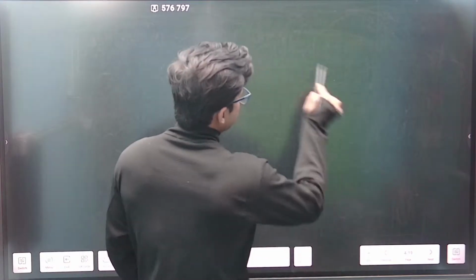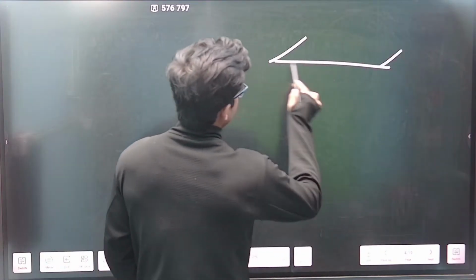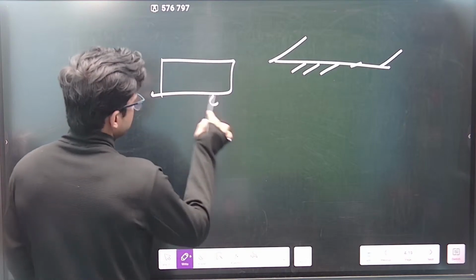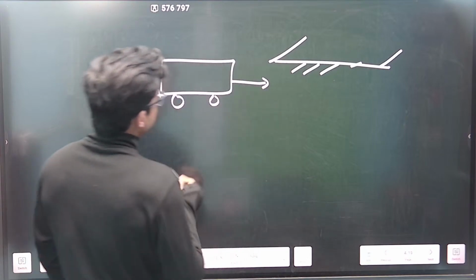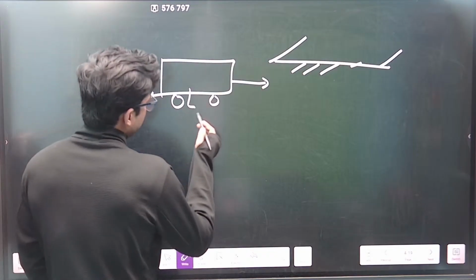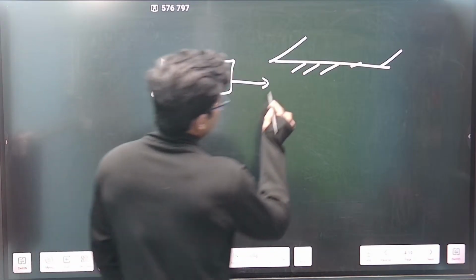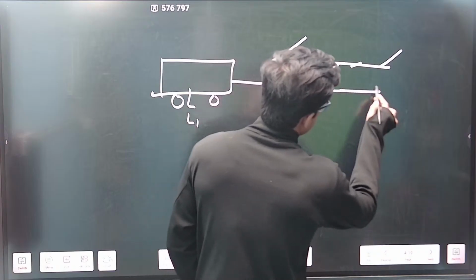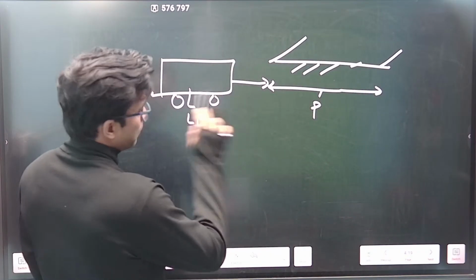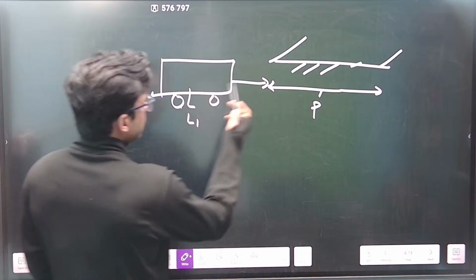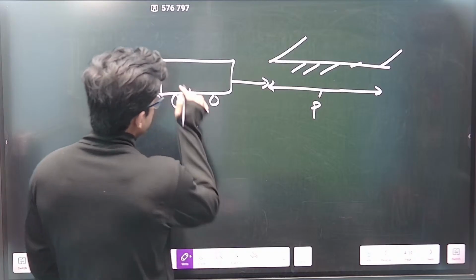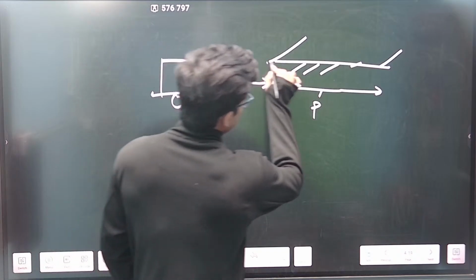So suppose this is a kind of a platform, and suppose train is moving from here in this direction. So basically there would be a length of train as well. Let us say that the length of the train would be L1, and the platform length is P. So basically the total length that train covers is the length of the train plus the length of the platform, because train is crossing this much and this area also.